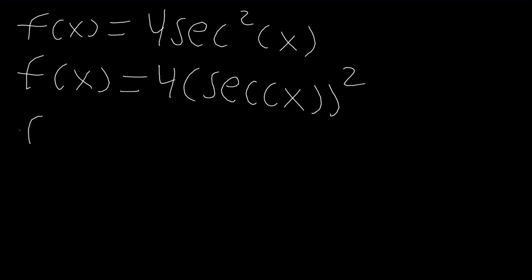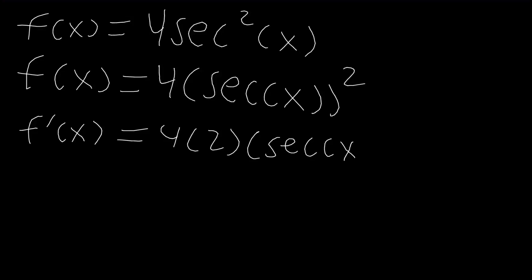So that means f prime of x is just going to be 4 times 2 using the power rule, and then keep the inside the same. So secant x, and then it's to the power of 1, but that's redundant. We don't need to write that. And then we have to multiply by the derivative of the inside, which is secant x.